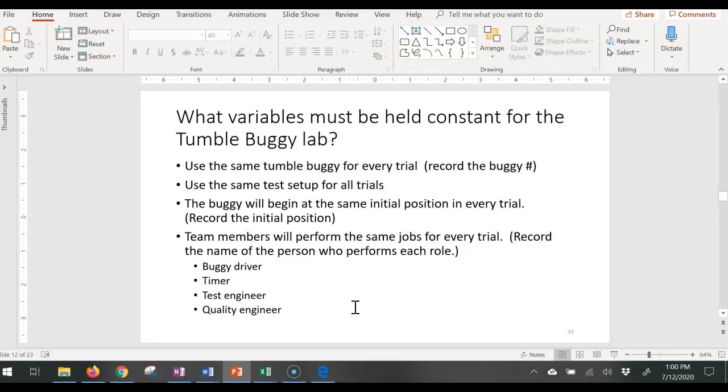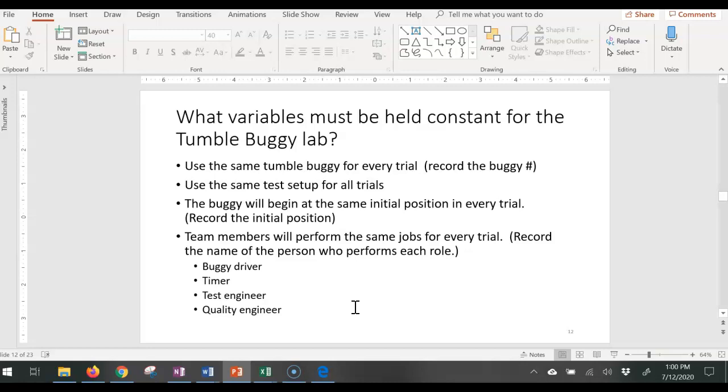That initial position will be assigned to you just before you begin getting data. Please record that initial position because we need to remember that. And also, because we want to do this experiment as consistently as possible, we want the team members to perform the same jobs throughout the experiment.